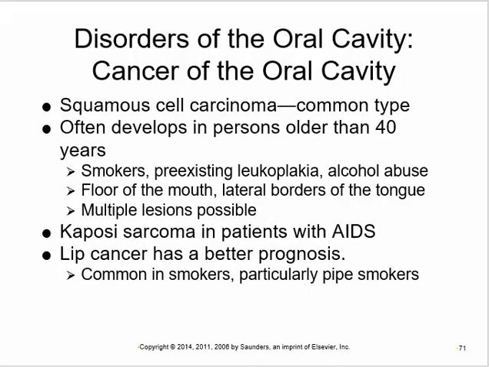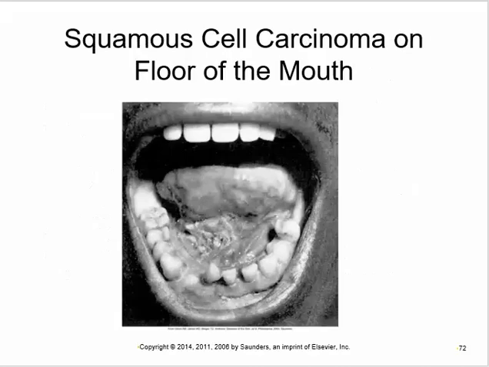If it happens on the lips, it has a better prognosis, probably because it can be cut out, and usually because it is seen, so it's attended to. Almost all the cancers, the earlier you catch it, the better. So there's a squamous cell carcinoma on the floor of the mouth under the tongue.